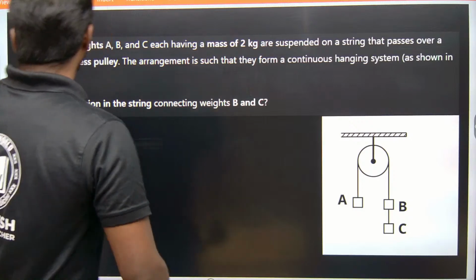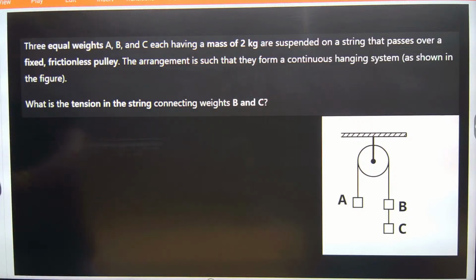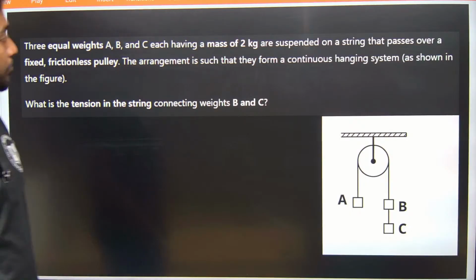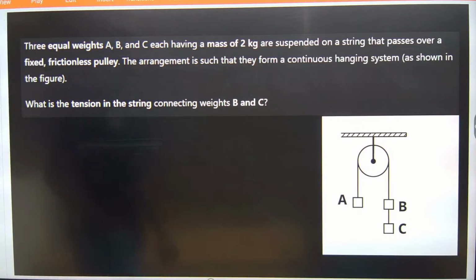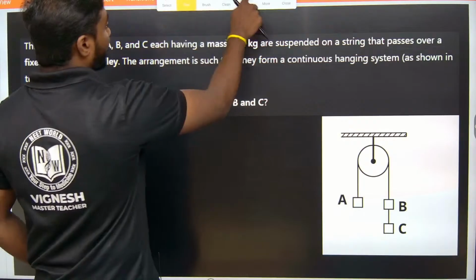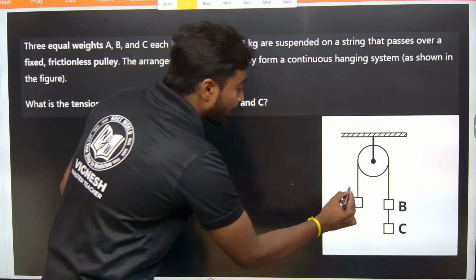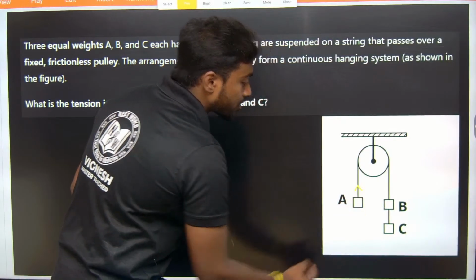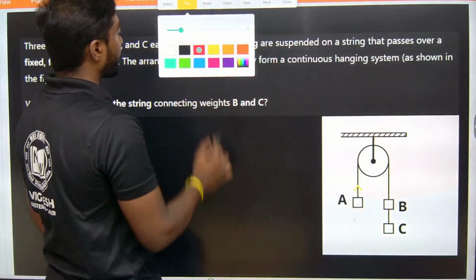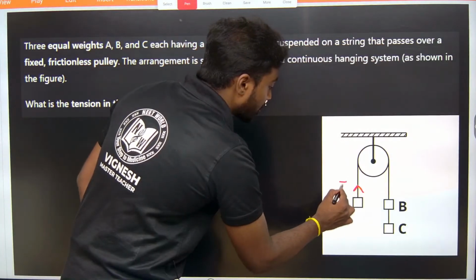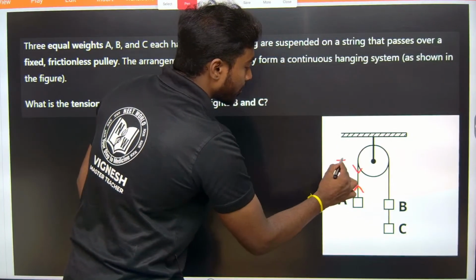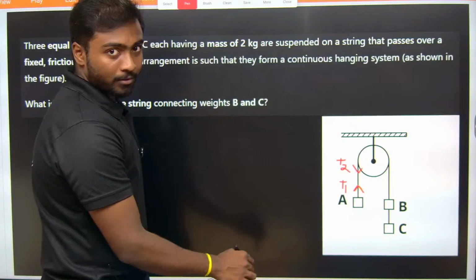Okay. Let me write the given terms here first. Tension is a force which is acting away from the body, right? So let me take this as the tension. Tension T1, and this is T2.